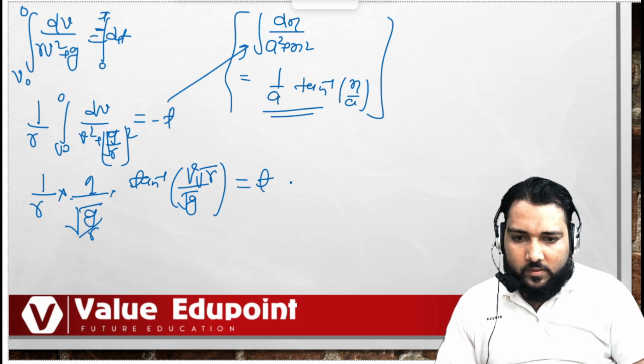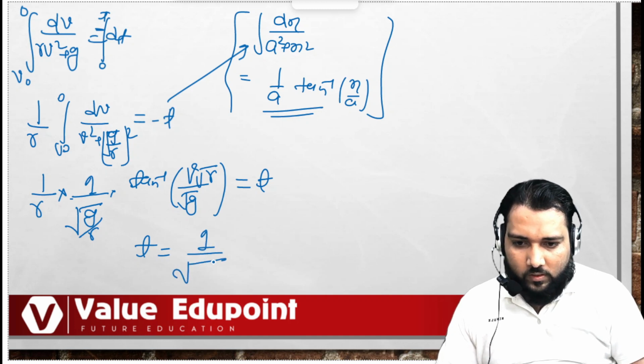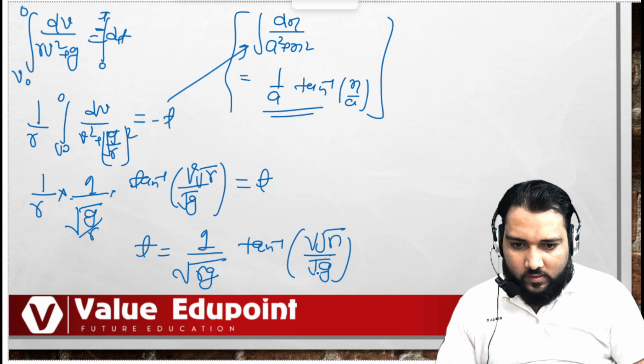That will come out to be the time. Okay, when you further solve this, the root gamma will come, so the time comes out to 1 upon root gamma g and tan inverse v root gamma upon g.